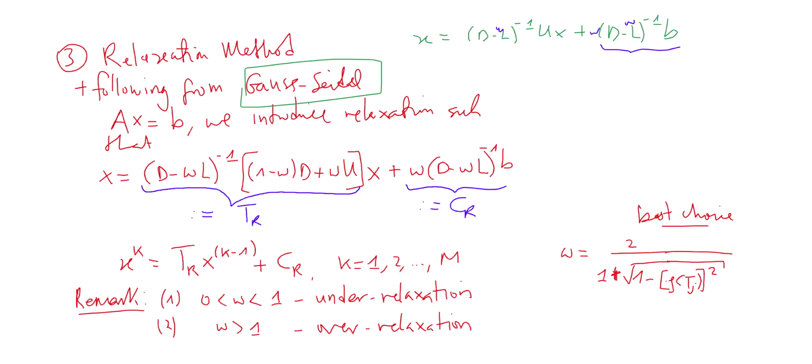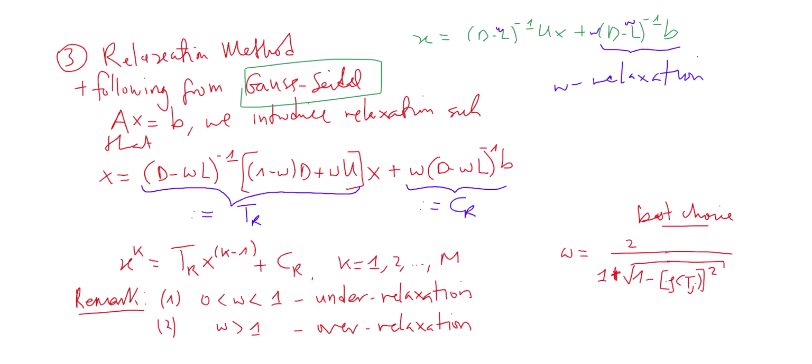And this gives us the relaxation method. Of course, for the relaxation method, this parameter omega, which we call the relaxation parameter, if it is between 0 and 1, then we call the method an under-relaxation method.